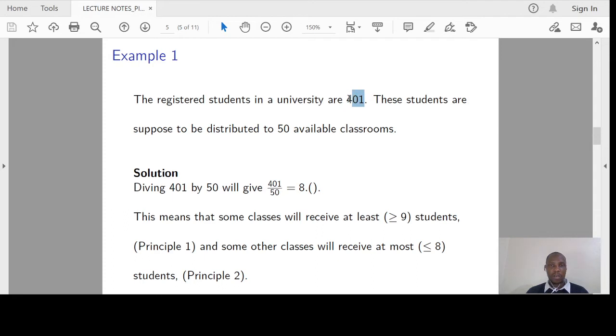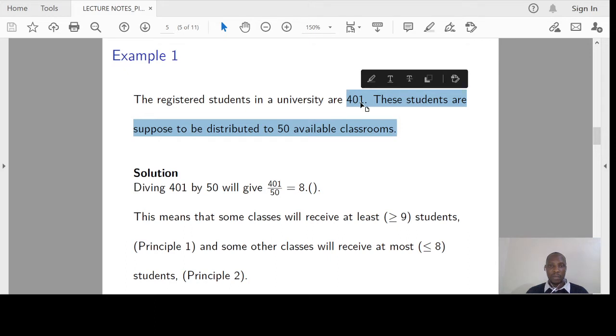If we take this 401 to be the number of students in the university, and we only have 50 available classrooms, assuming that these 401 students are doing one course, like the way you are doing discrete mathematics, and we want to divide you into 50 available classrooms, then how do you solve this problem if you are the university timetabler?